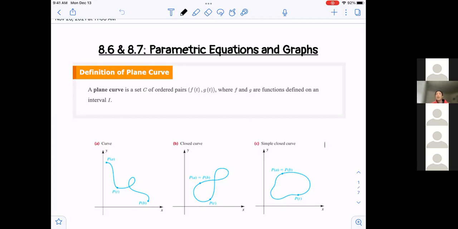And where would the center of this circle be? The center, like the middle point. Where would the middle point of the circle be? Yeah, it would be at the origin. And what would the radius of this circle be?